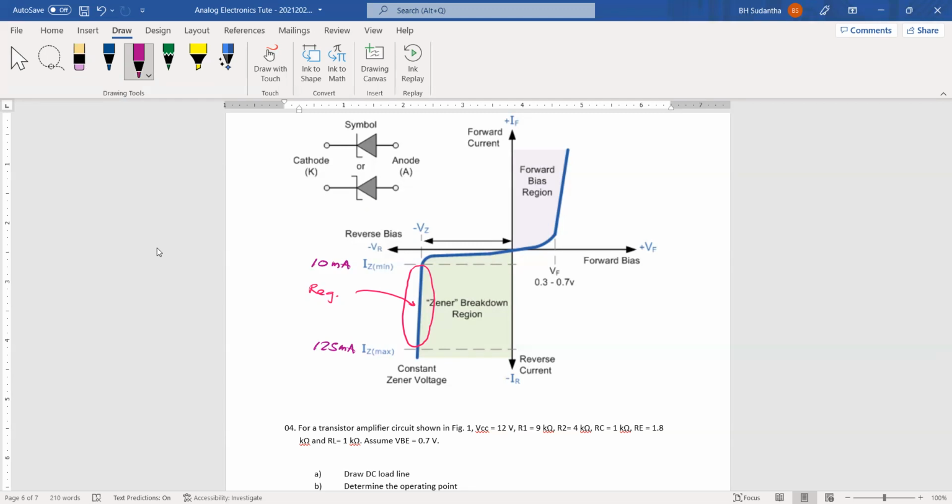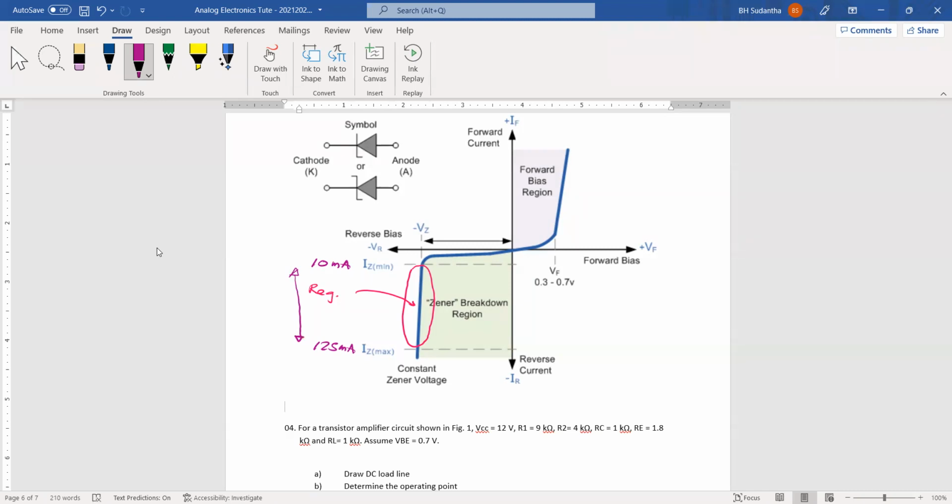Then the load can take 115 milliampere on the load side. Within this region, Zener can operate as a regulator.